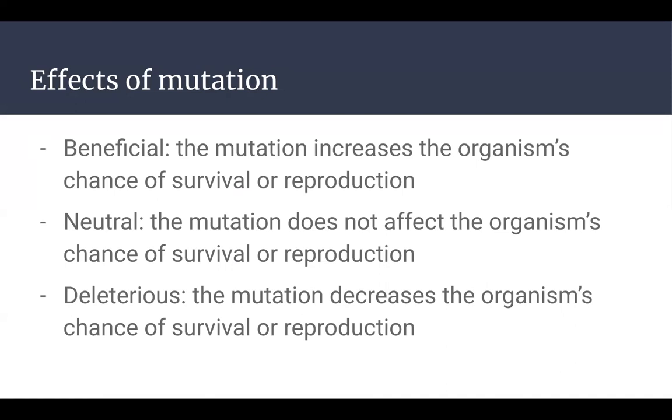However, it is not a beneficial mutation if that person is located in the North Pole, for example, where there's snow everywhere and everything is white, and there could be predators roaming around trying to eat you, and you really stand out from that white background. So whether a mutation is beneficial, deleterious, or neutral really depends on the situation and the environment of that organism.